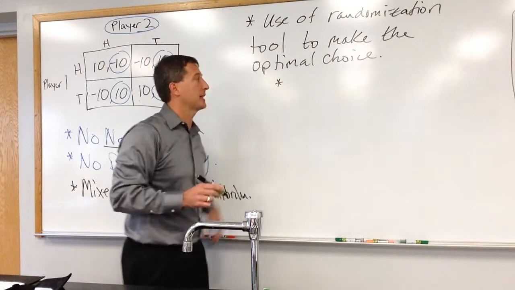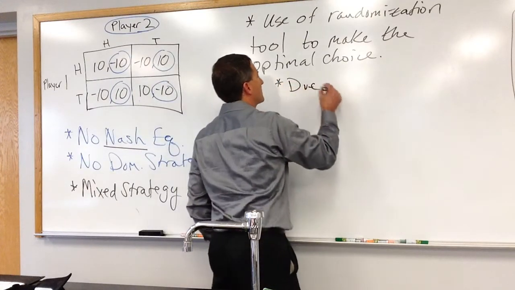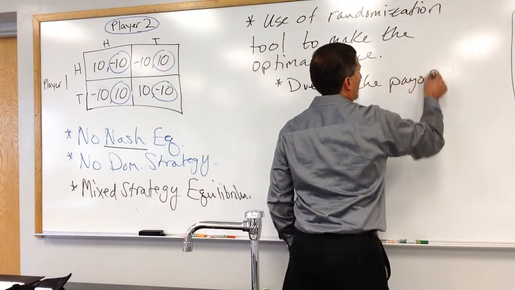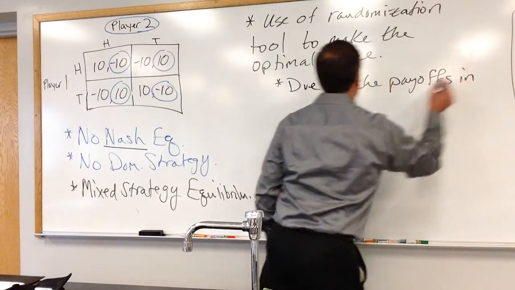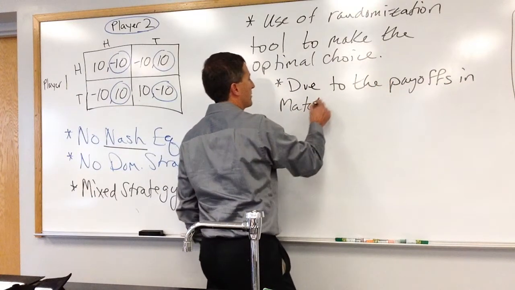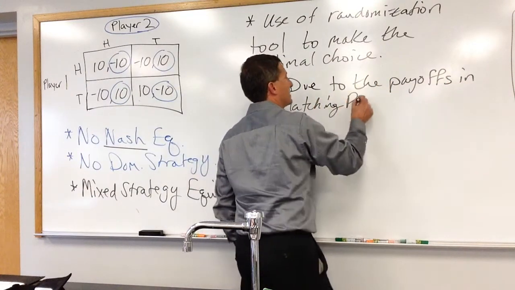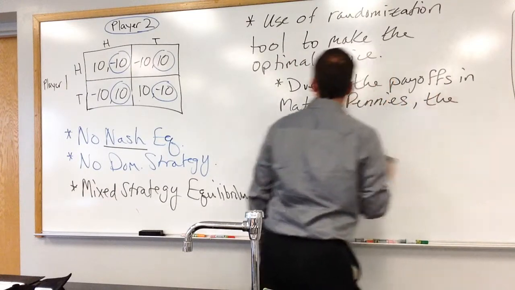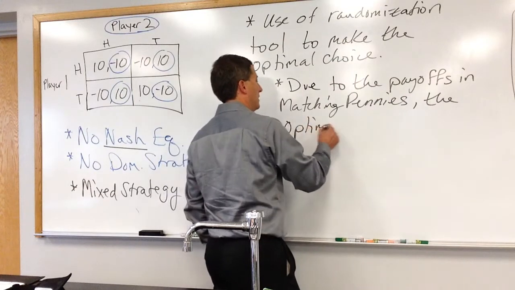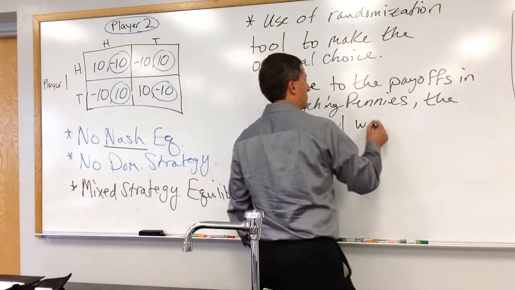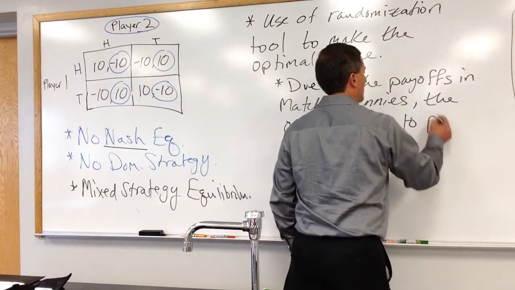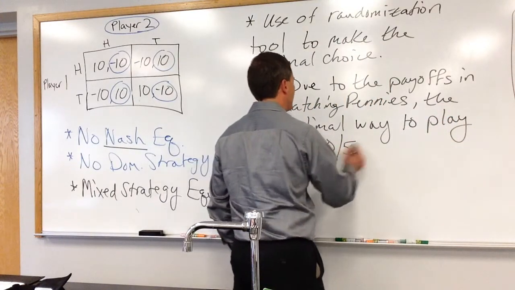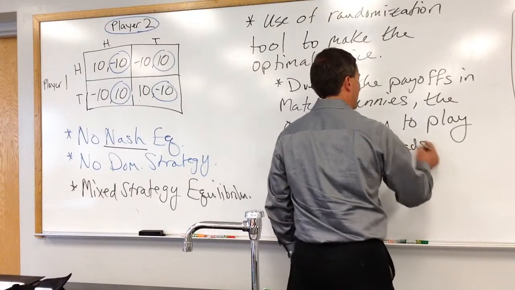So the solution for this game, due to the payoffs in this game, in matching pennies, that's the name of the game, the matching pennies game, the optimal way to play is 50-50, heads and tails.